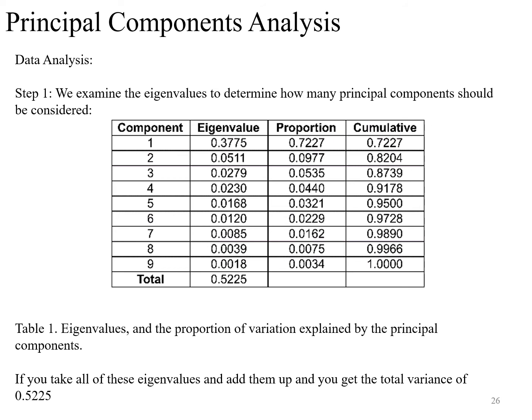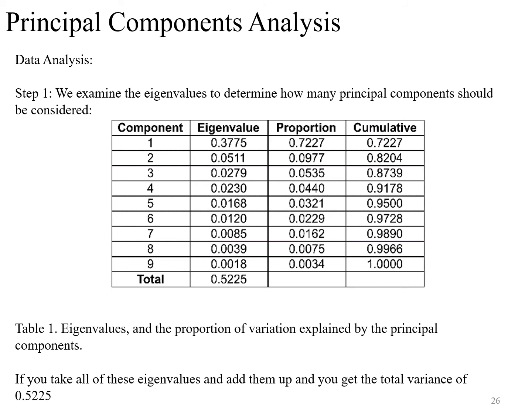We want it to be able to say, oh, well, actually, there's a few simple patterns here. The second principal component is associated with 0.0977, or approximately 10% of the variance. The third is associated with about 5.